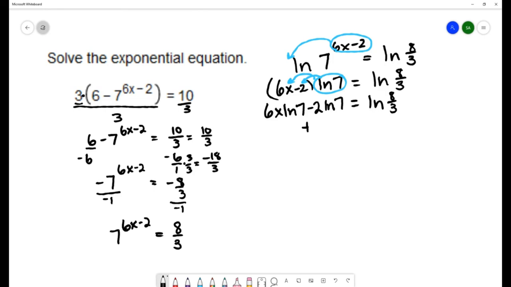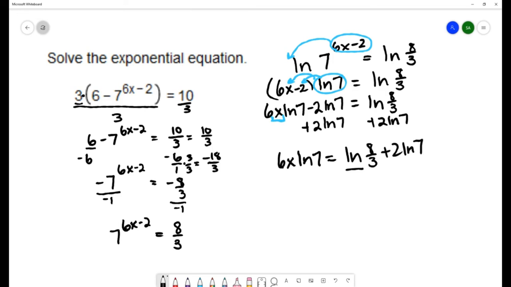My goal now is to try to isolate this x. So I'm going to add 2 natural log of 7 to both sides. That gives 6x natural log 7 equals natural log of 8/3 plus 2 natural log 7.